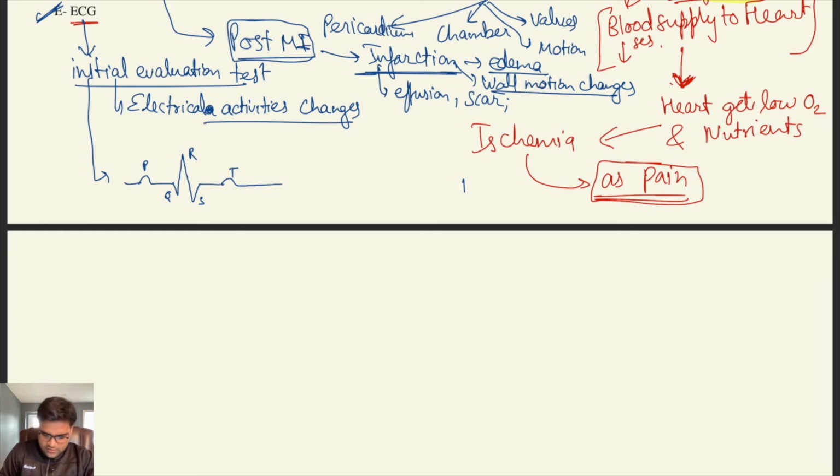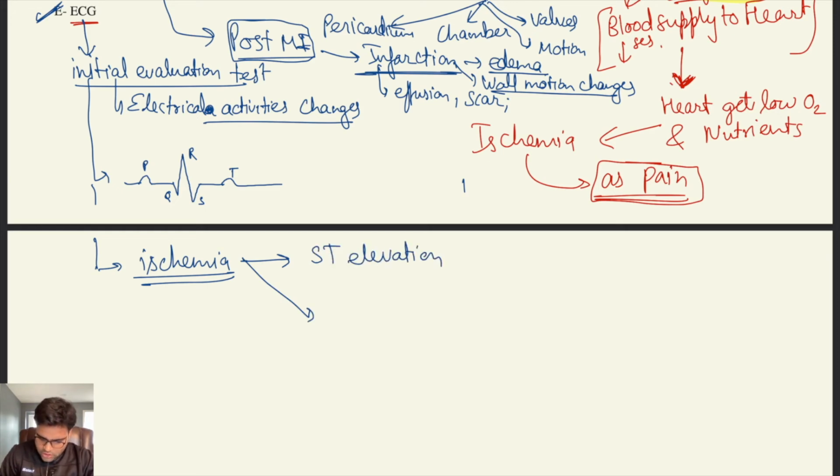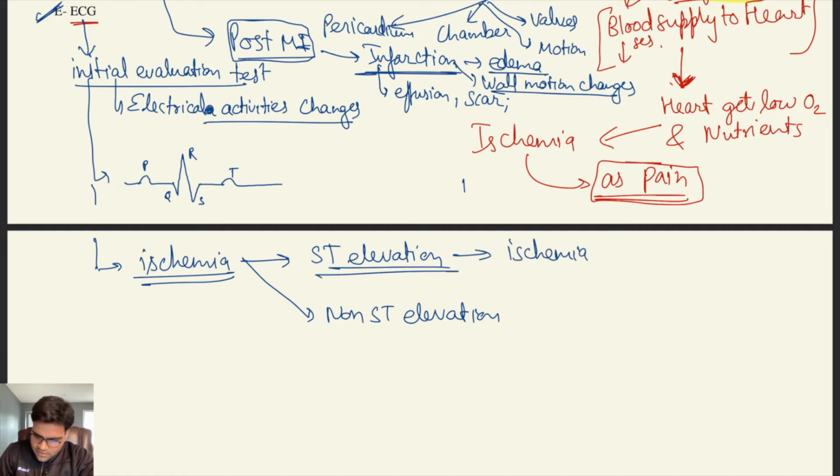In this phase, whenever our heart has some kind of ischemia, it presents in two ways: ST elevation, non-ST elevation. ST elevation means you're signifying that the infarct or ischemia is transmural.